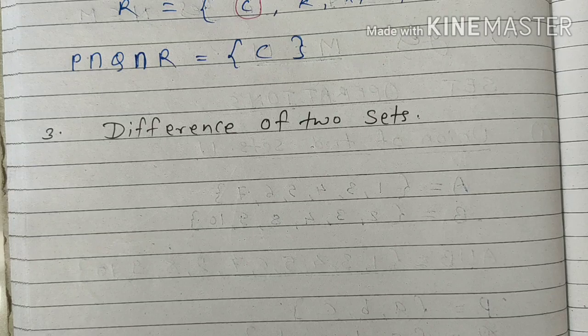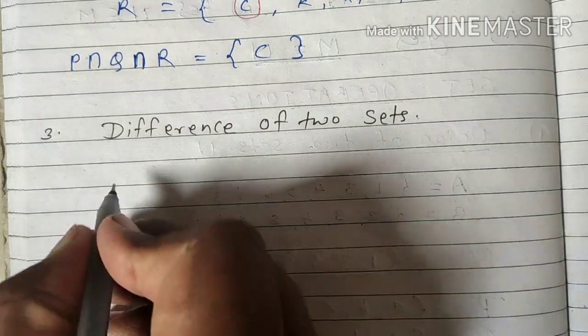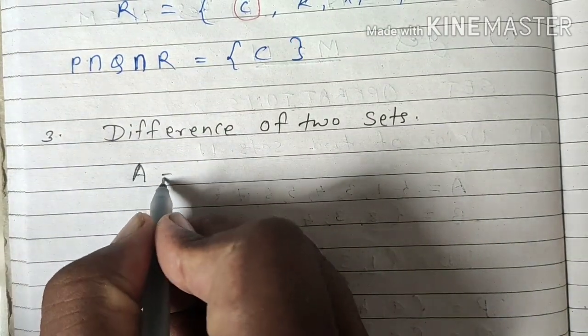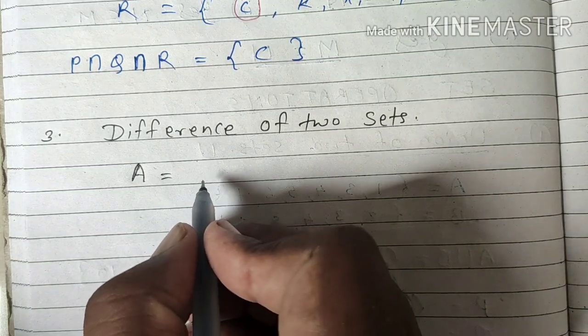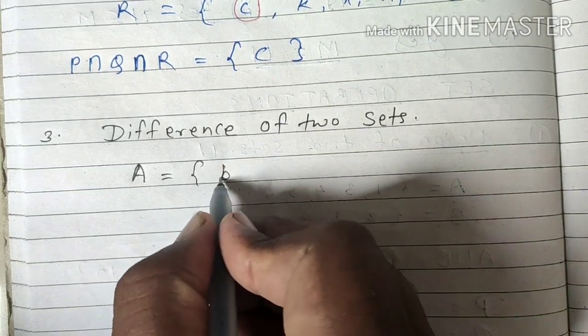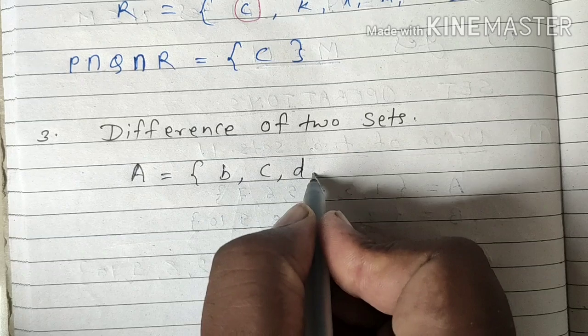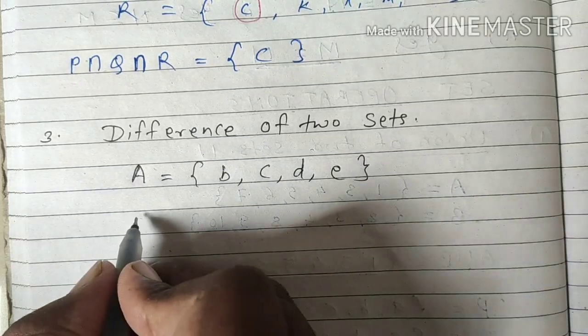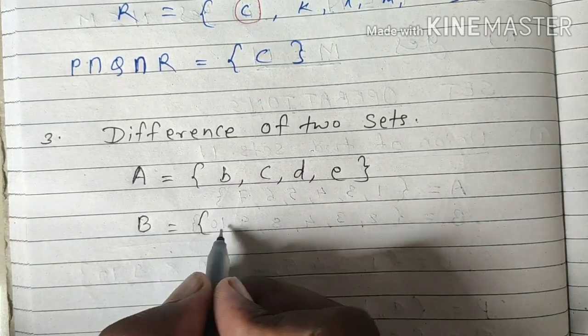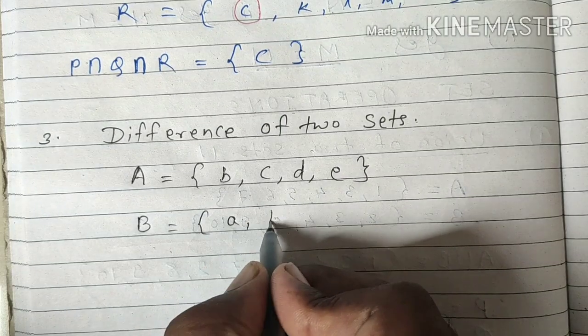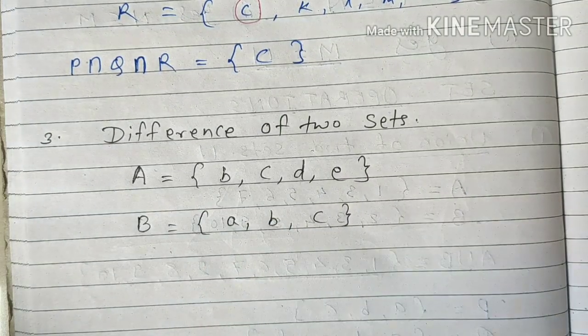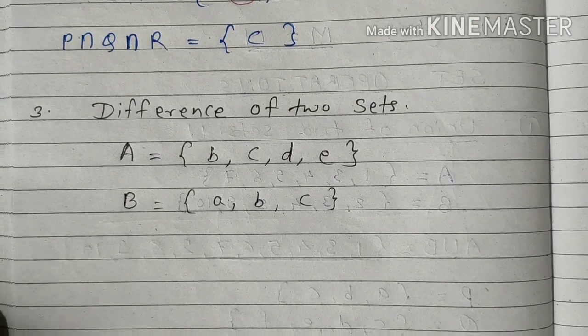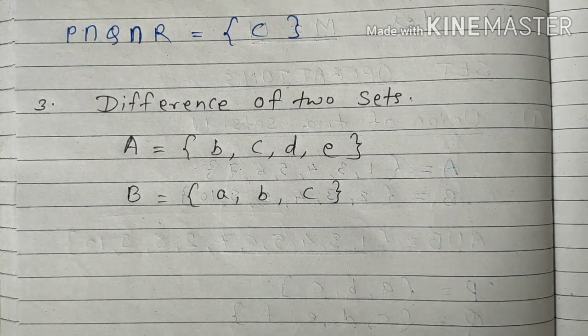For example, suppose we have the set A with the elements A, B, C, D and E, and there is a set B with the elements A, B and C. Okay, there are the two sets, and we want to write the difference.